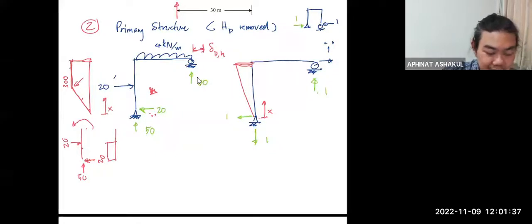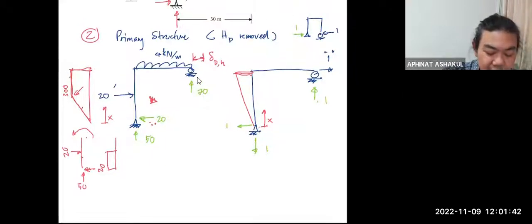Okay, and now another portion, it's CD, right? And then, if you want to write your moment from, let's use another color. If you want to write your moment from here, you know you have a constant moment there. Here must be negative moment, right? And here is 1 multiplied by 30. That is 30. So if you want to write your moment equation from the left, you must have the moment.